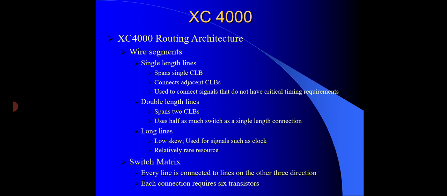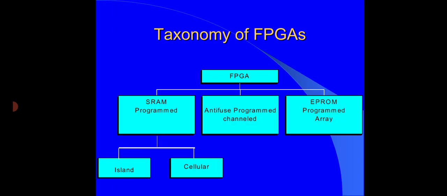Single length lines span a single CLB and connect adjacent CLBs. They are also used to connect signals that do not have any critical timing requirements. Double length lines span two CLBs and use halves as a single length connection. In the case of long lines, you can see signals such as a clock. And the switch matrix is connected in 3 directions, which requires 6 transistors.